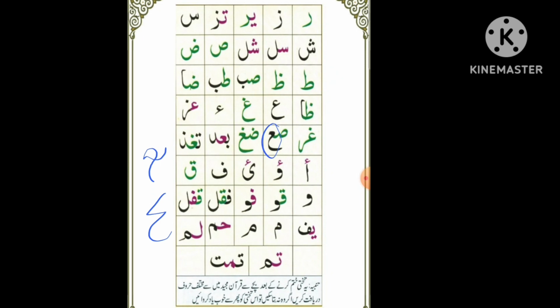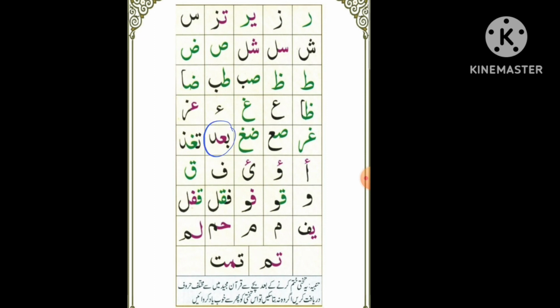So this is sod ain, dod ghain, ba ain dal, ta ghain zal. I'm repeating that line. Ghain ra, sod ain, dod ghain, ba ain dal, ta ghain dal.